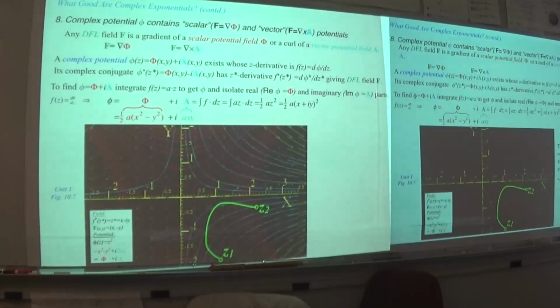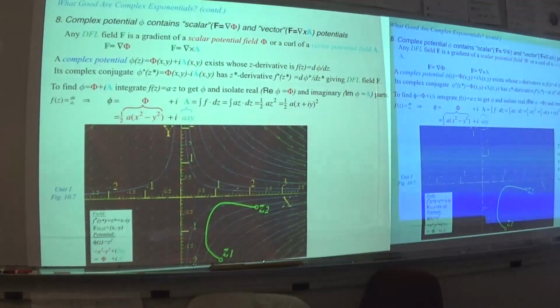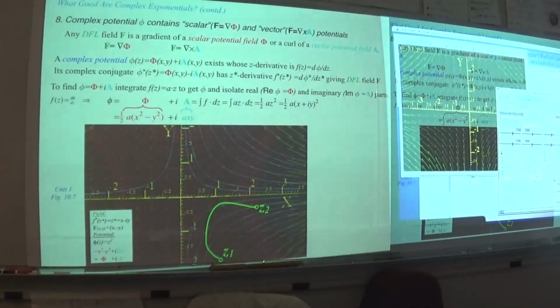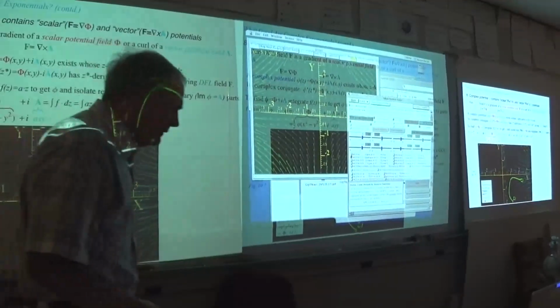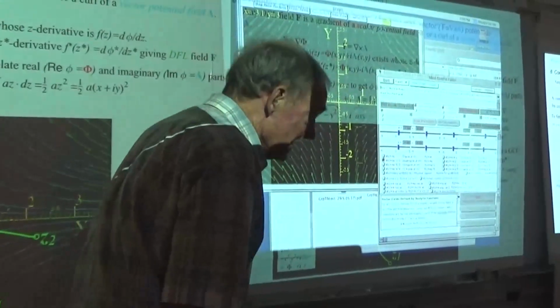Actually, maybe you could just reach up, there's a power button on there, and we should be able to see a picture of something. It's not showing. There we go. I think that will warm up. There we go. That's what I've got on this screen right here, I think.